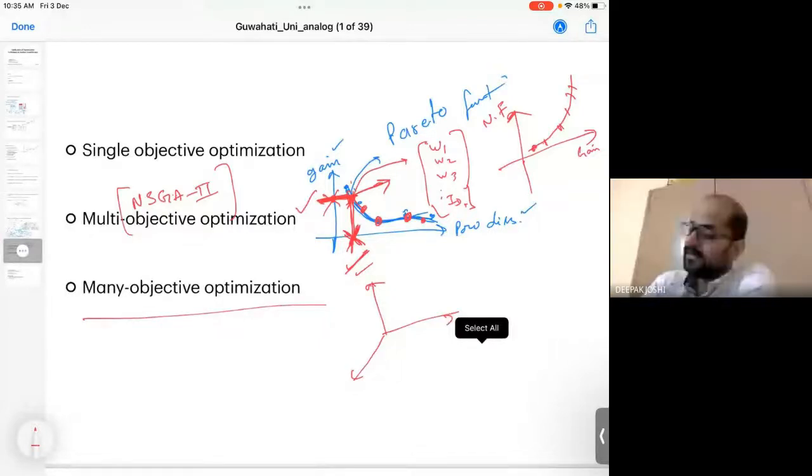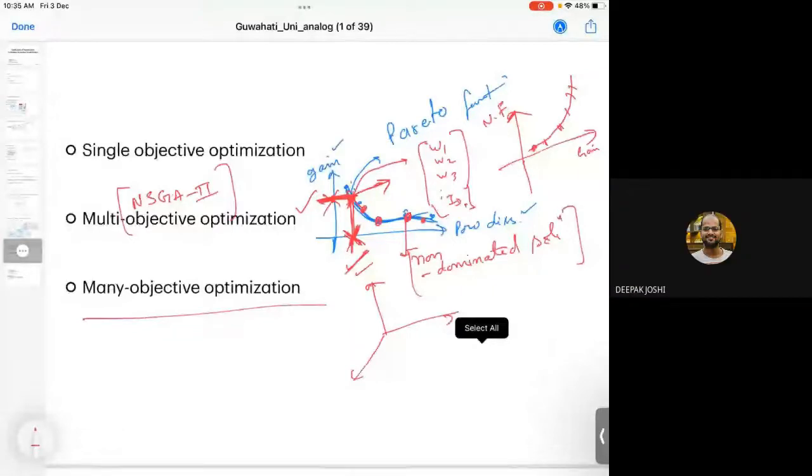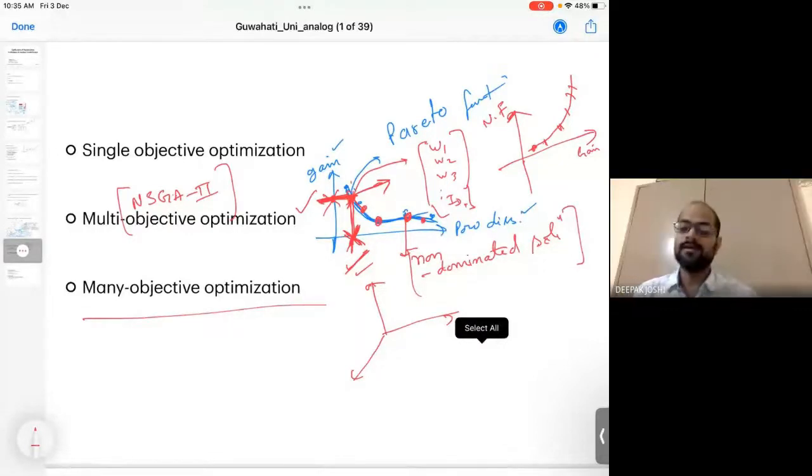This is also called non-dominated solutions. Pareto solutions are non-dominated solutions. Non-dominated means that in that particular range, the solution is not dominated by other solutions. That is the most optimal solution, which cannot be dominated by others. The set of non-dominated solutions can construct a Pareto front.